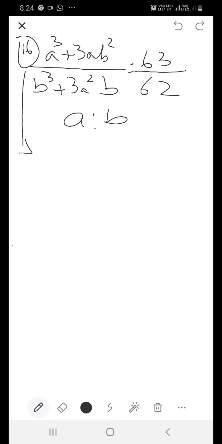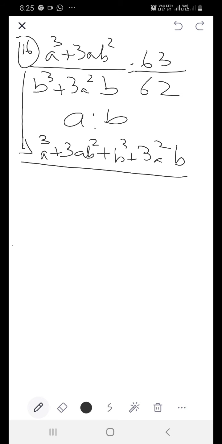When you use componendo and dividendo, it will become a cube plus 3ab square plus b cube plus 3a square b, this is a plus b. And what will be a minus b? A cube plus 3ab square minus b cube minus 3a square b. This is a minus b.